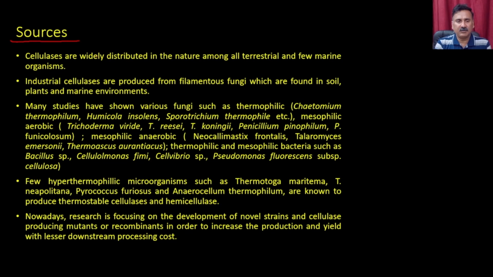As far as the sources are concerned, cellulases are widely distributed in nature among all terrestrial and marine organisms. Industrial cellulases are produced from filamentous fungi found in soil, plants, and marine environments.